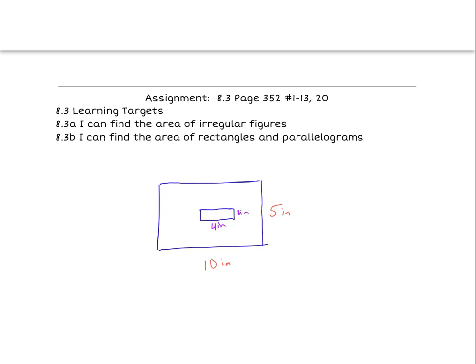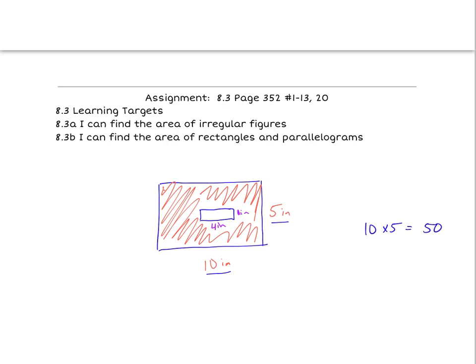And they want to know what is the red area. So you have to take the total area, the whole thing, so your 10 times your 5, which equals 50 inches squared.